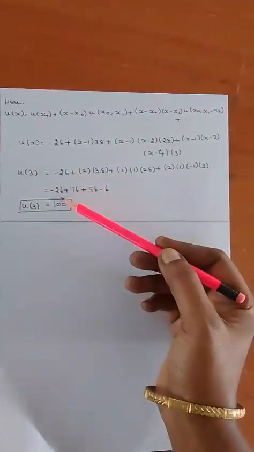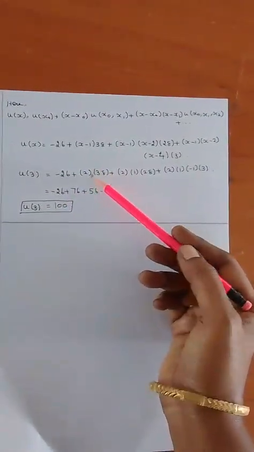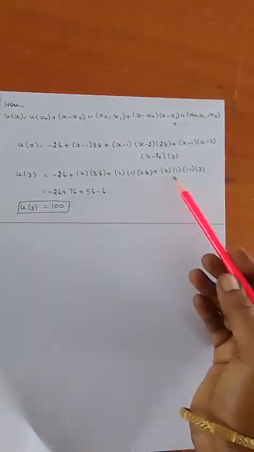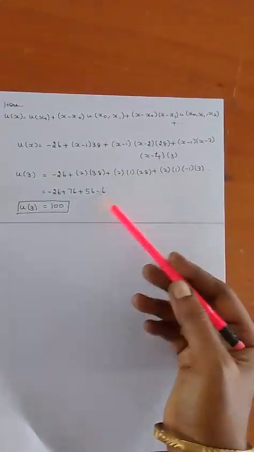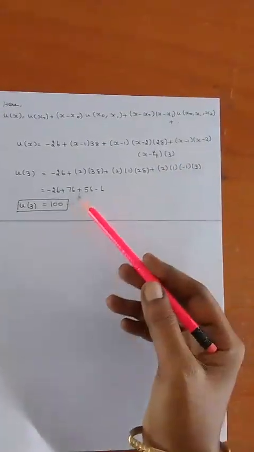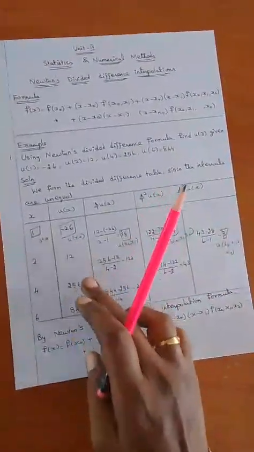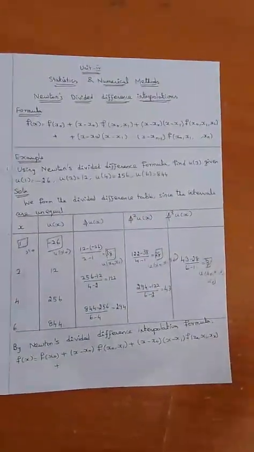Just multiply these two terms, you will get 76, and 2 into 28 is 56, and plus into minus will become minus, 2 into 3 is 6. So the final answer for u of 3 is 100. As I told you already, this answer should lie between 12 and 256, so our answer is correct. Thank you.